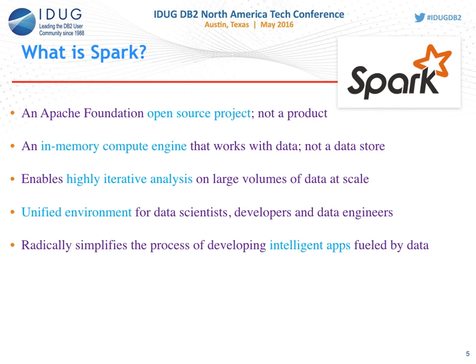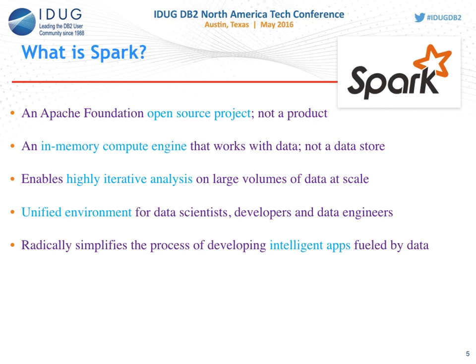If your background is C or C++, Java, Python, R, which was really recently introduced in Spark, you can use those programming languages to write your applications, and then store your data in the Spark memory.